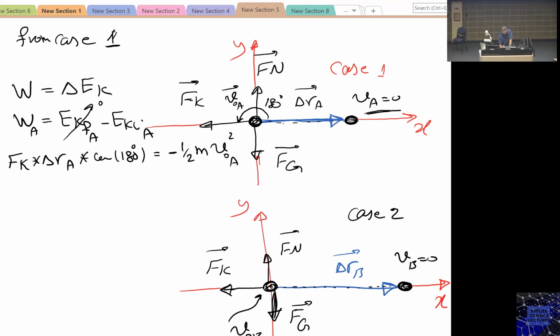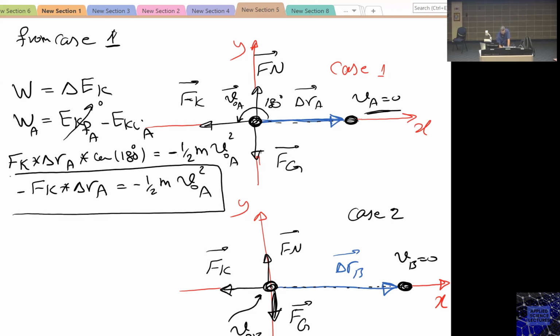I'm just repeating ourselves here. So we have minus cosine 180 minus Fk times delta RA equals half m v naught A squared. This is for case number 1.